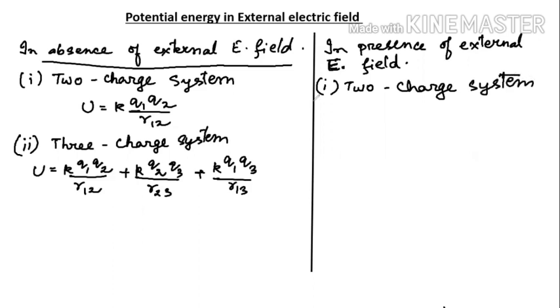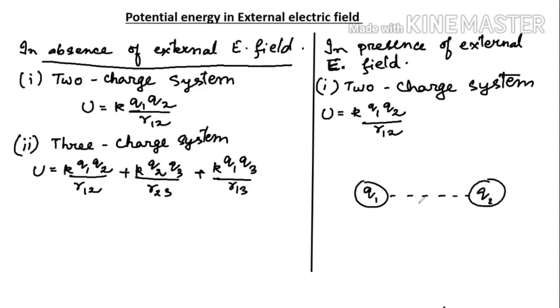So for a 2 charge system, our potential energy equation was K Q1 Q2 by R12, right? How was our diagram? This was Q1 and this was Q2, and both of them were placed at R12 distance.